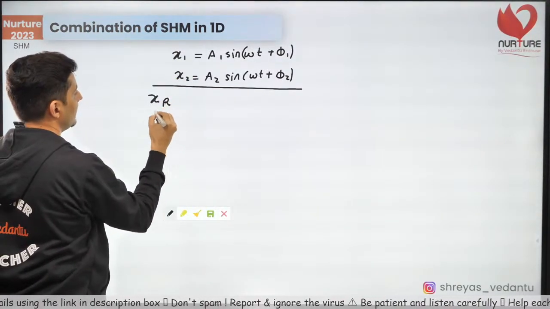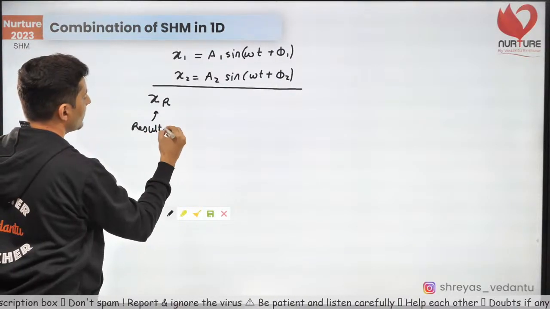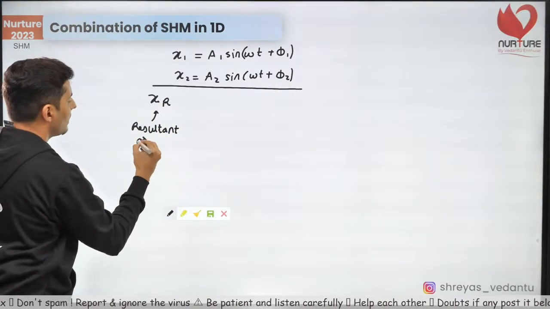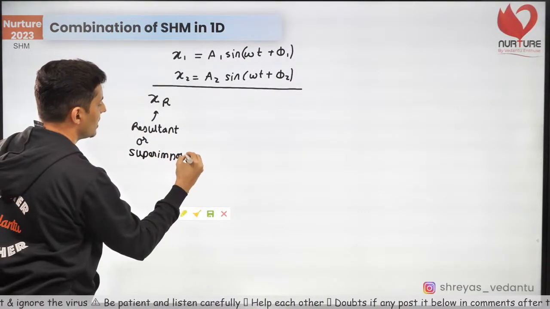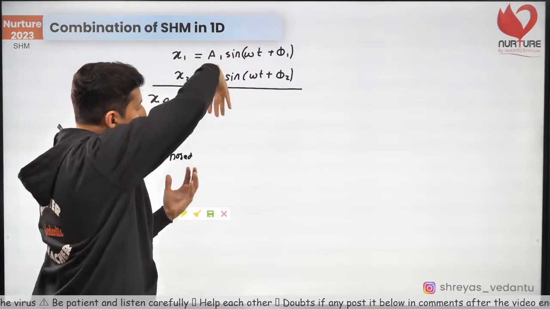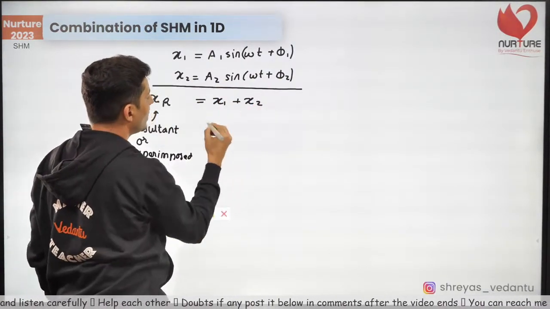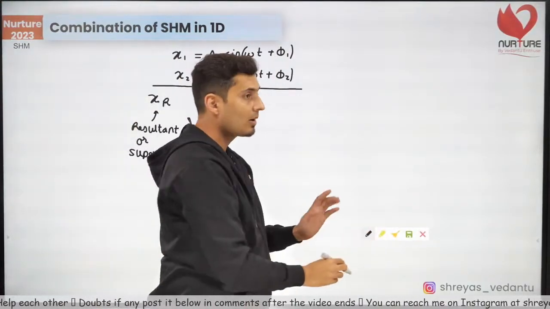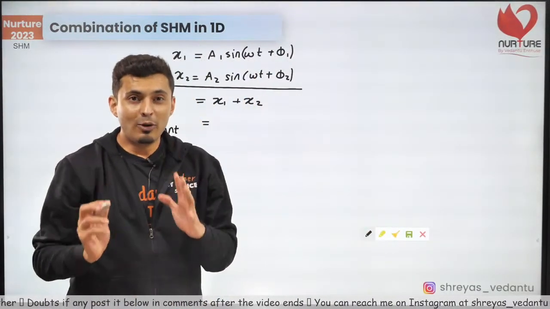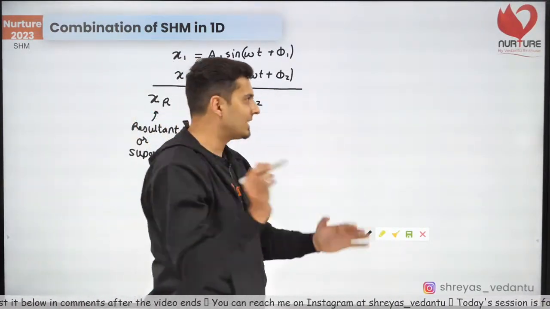So the resultant, or superimposed, because you are combining, adding this effect on this effect, which will be x1 plus x2, can be found out by a simple method. What is that method? Vector addition of phasors, that's it.